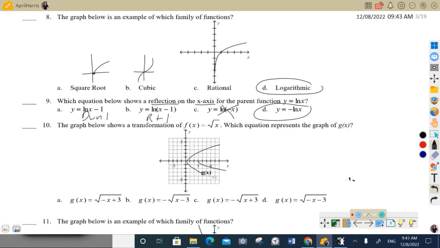So if the x is being reflected, you would have a negative outside with y. Not this one. Not this one. Negative outside with y, negative outside with y. All right? Then it has been moved right 3. Do you agree? That's with x. You think it would be plus 3, but it's minus 3.